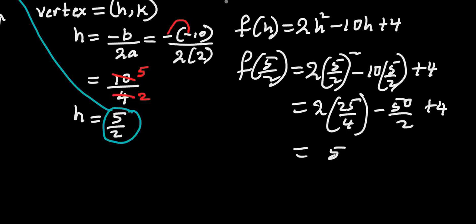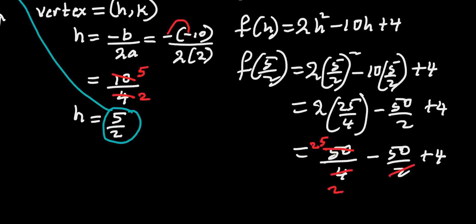So we now have 50 over 4 minus 50 over 2 plus 4. Now let's simplify. We can divide through by 2. So 50 divided by 2 is 25, and 4 divided by 2 is 2, and 2 divided by 2 is 1, 50 divided by 2 is 25.